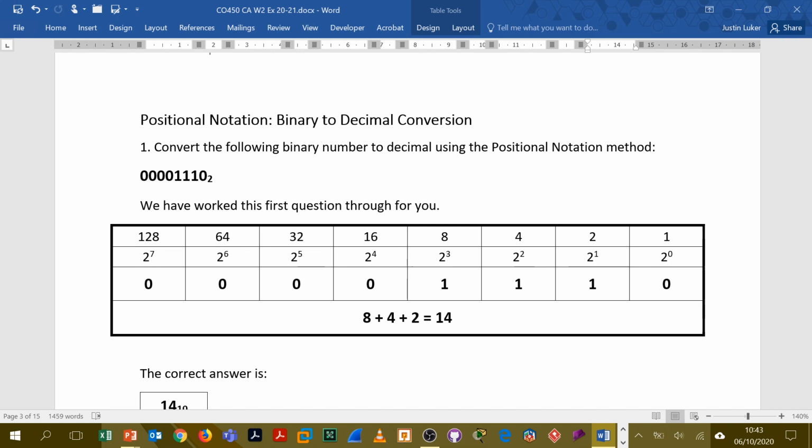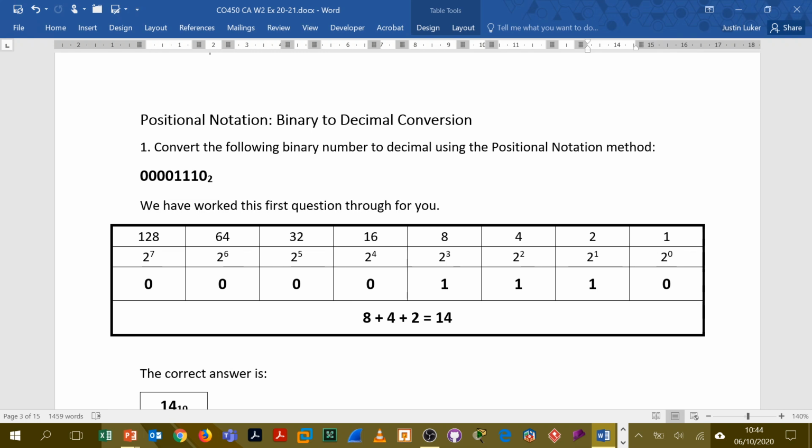So we place those digits in our little table there under our powers so that we can represent each power of each column above in the decimal. So 1, 2, 4, 8, 16, 32, 64, and 128. We then look for the 1 bits and we note down the power of the column that they're in.